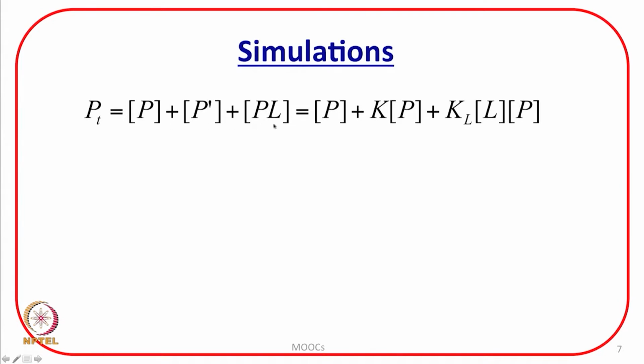Now, from the earlier derived equations, we can substitute for concentration of P prime and concentration of PL, and we will end up with this equation, which is concentration of P plus K times concentration of P plus KL into concentration of L into concentration of P.